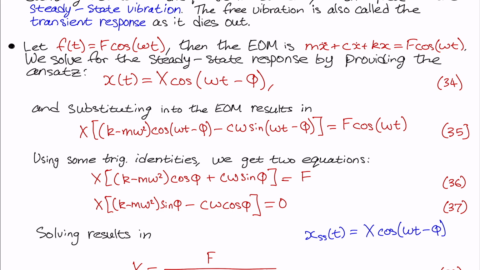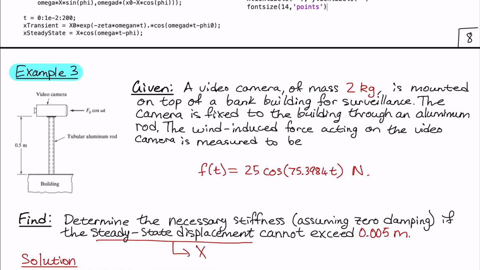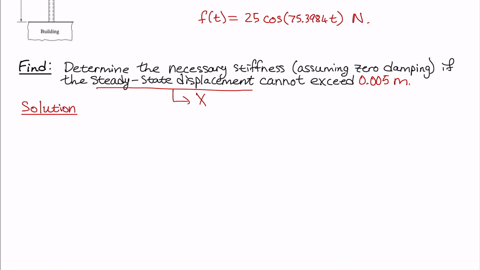The cosine can only be between -1 and 1, so x of t has a maximum value whenever cosine is equal to 1, which is when it's equal to big X. So big X must be less than or equal to 0.005 meters. That's the key to this.